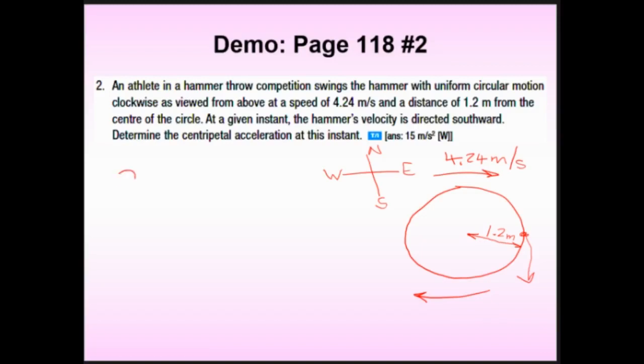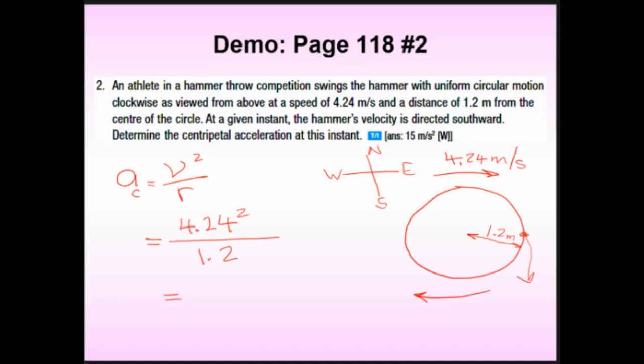AC equals V squared over R. Capital R or small r, whatever you like. All right. 4.24 squared, please don't forget it, over 1.2. Who's got this? 4.24 squared is slightly over 16, divided by 1.2, 10 point something.